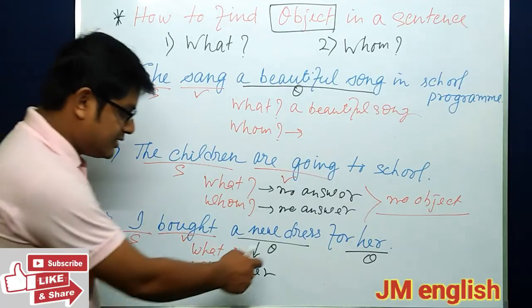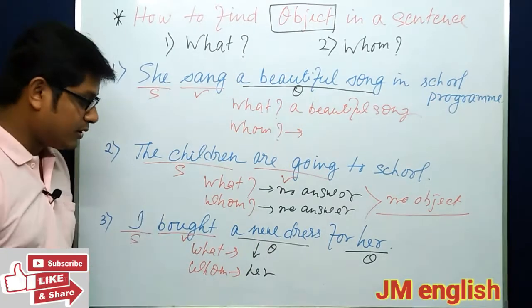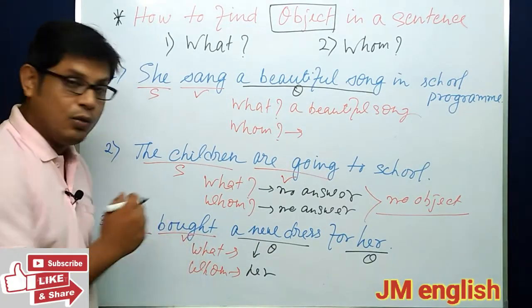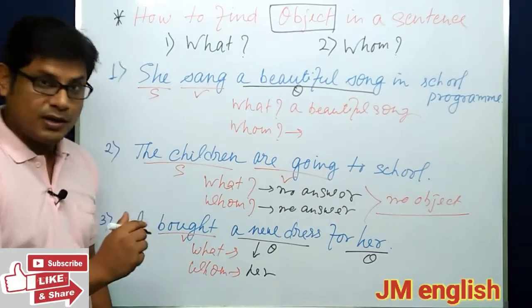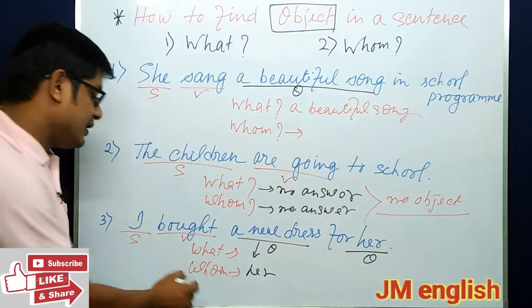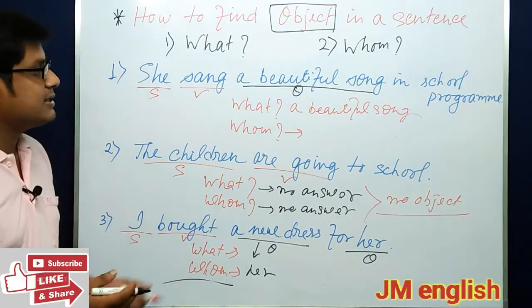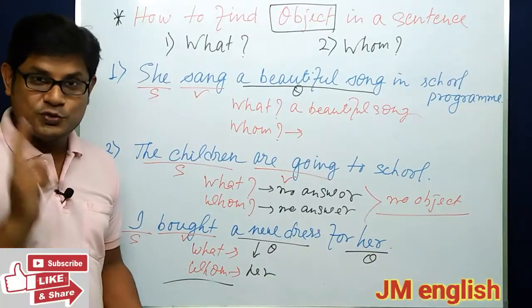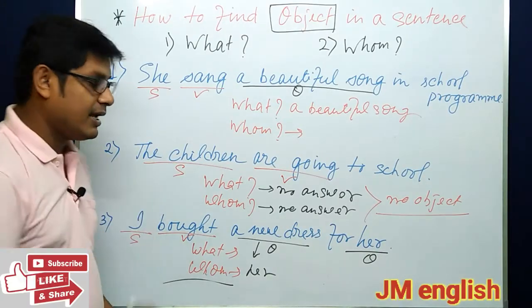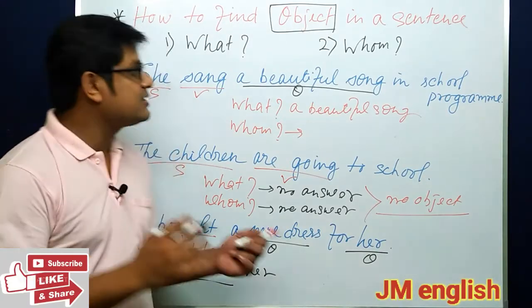Number one, a new dress, which you got by asking with what, and the second one is her. This is a pronoun, and you got this answer by asking with whom. So you can see the first sentence has one object, the third one has two objects, and the second one has no object. So this is the process.